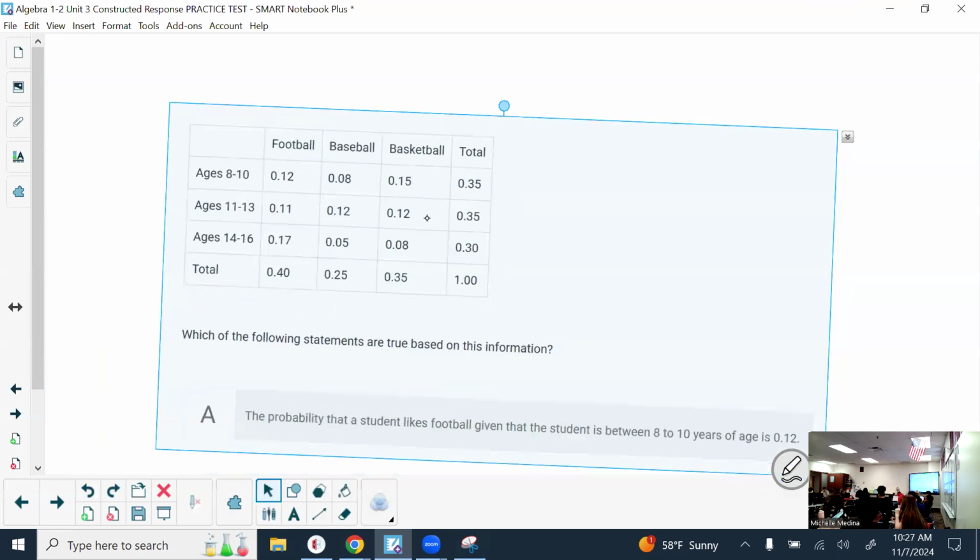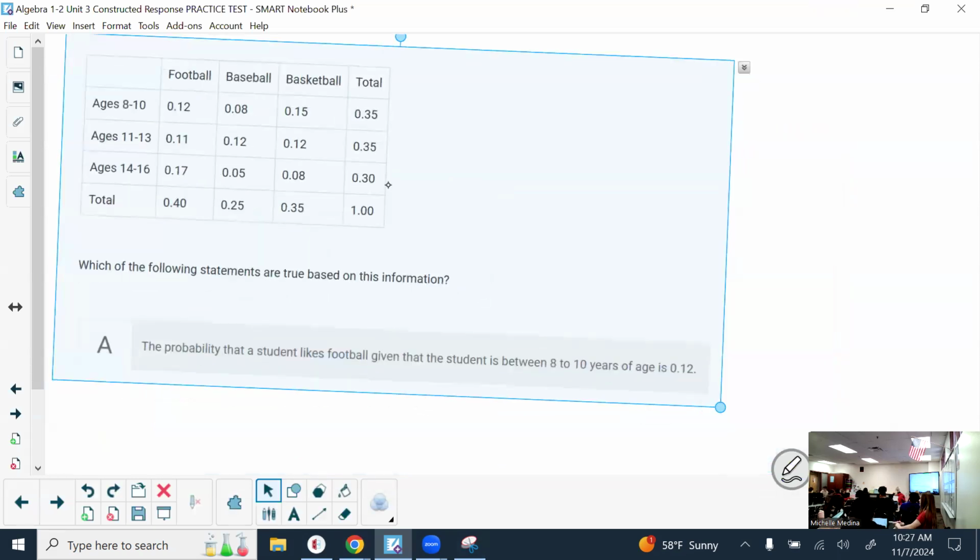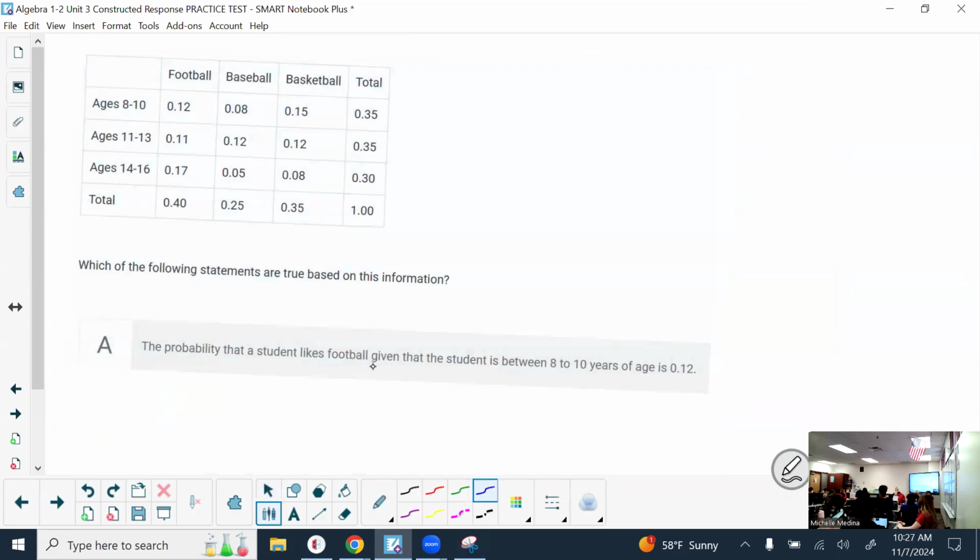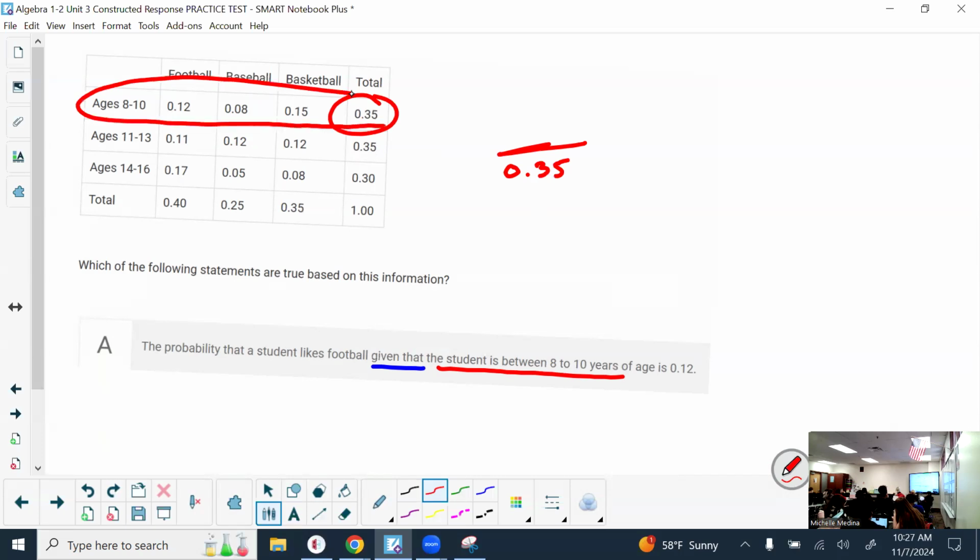So the phrase given that, whatever follows it is going to be your denominator. So how many students are between 8 to 10 years of age? 0.35. Out of those kids, so we're looking at this row because it said out of the kids that are 8 to 10, how many of them like football?